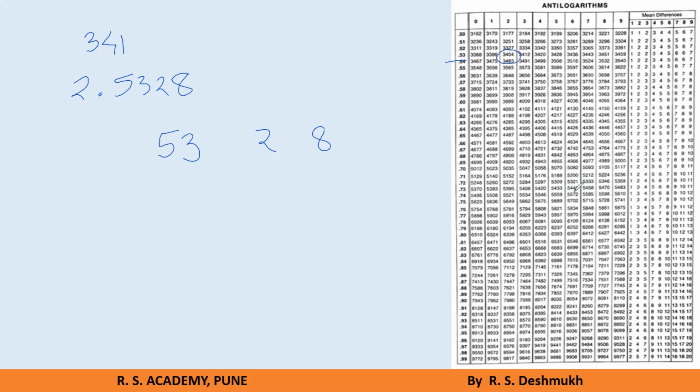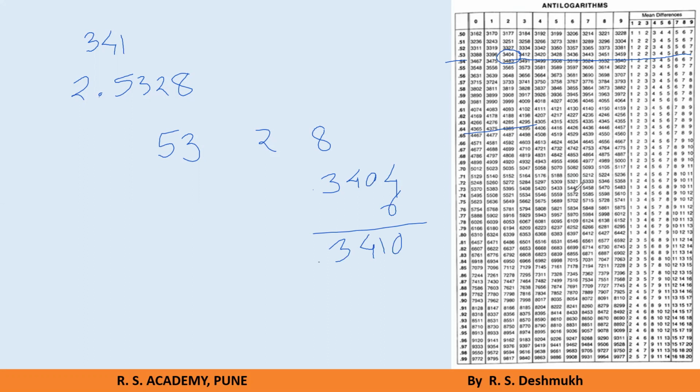It is 3404. I write here 3404, and thereafter for 8 I continue along the line and obtain 6. So I add 6 to this, and it becomes 3410.